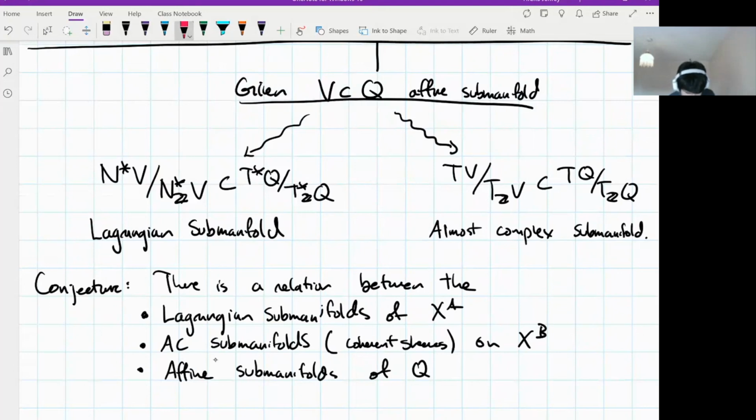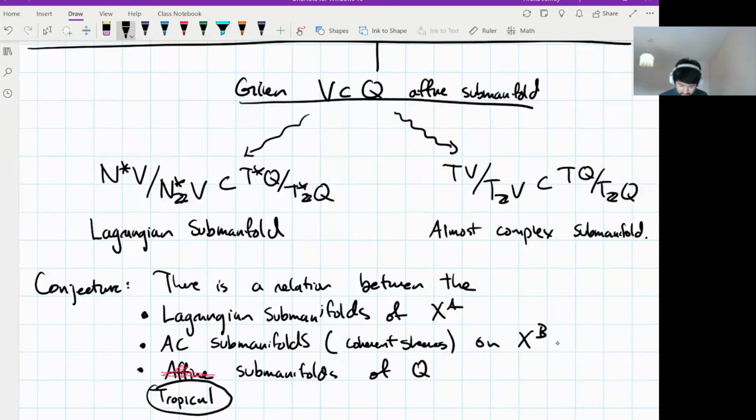Now it turns out actually being affine is really too rigid of a qualifier to put on your submanifolds. There's just not a lot of these. So in the next talk, I'll talk a little bit about what the appropriate upgrade to this story is, which is where I replace affine with tropical.